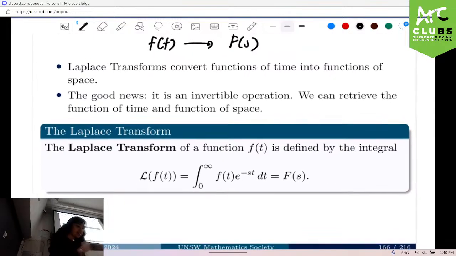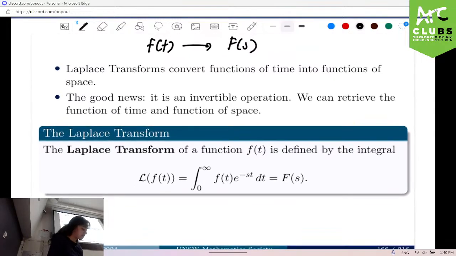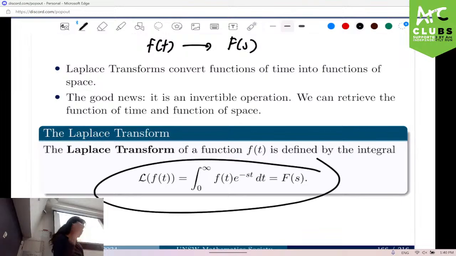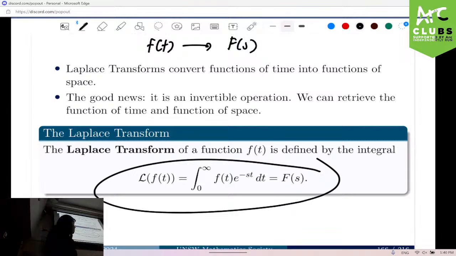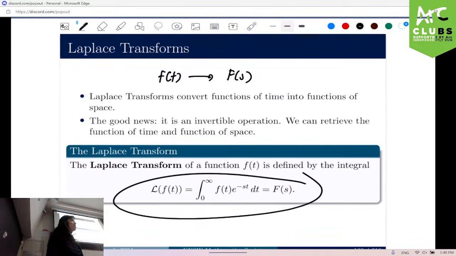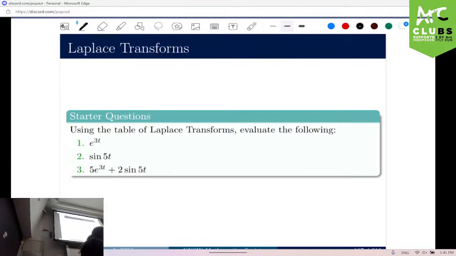And basically the Laplace transform is defined by the integral from 0 to infinity of the function times e to the minus st, dt, equals F(s), right? Sorry, it's the improper integral.